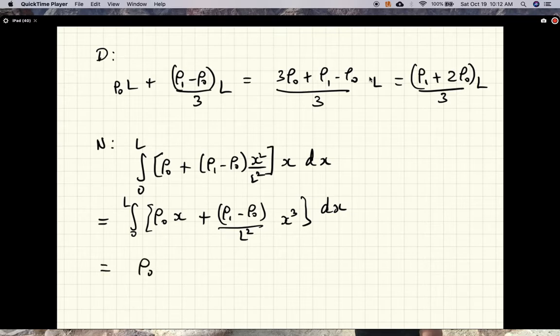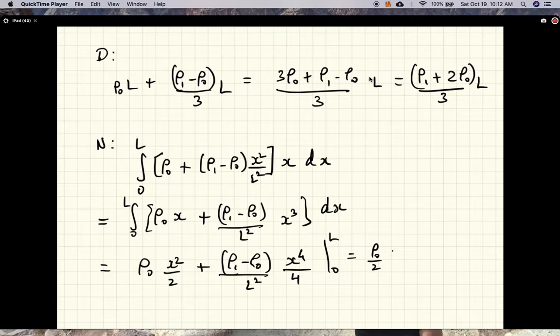And so this is rho naught x squared by 2 plus (rho 1 minus rho naught) over L squared times x to the power 4 by 4, from 0 to L. So when you evaluate this, this is rho naught by 2 L squared plus (rho 1 minus rho naught) by L squared times L to the power 4 by 4.